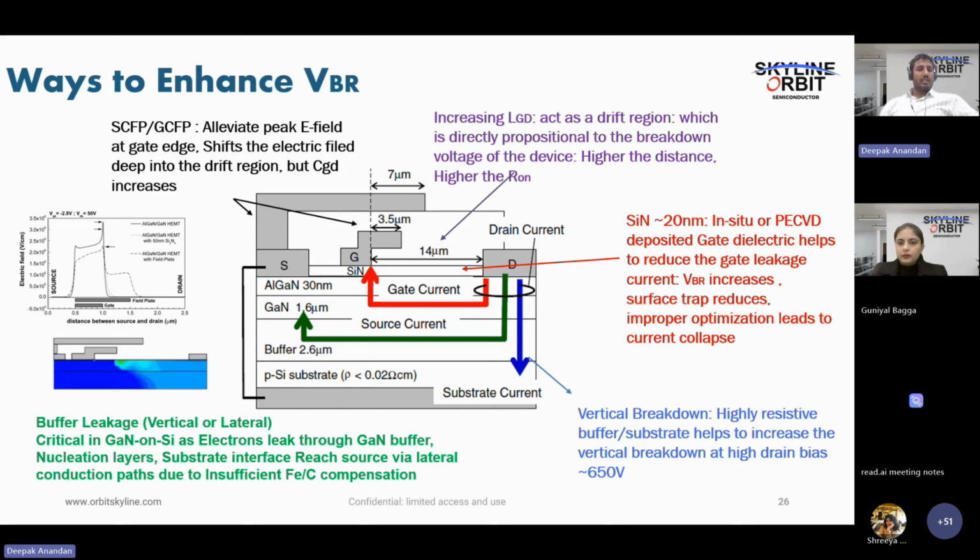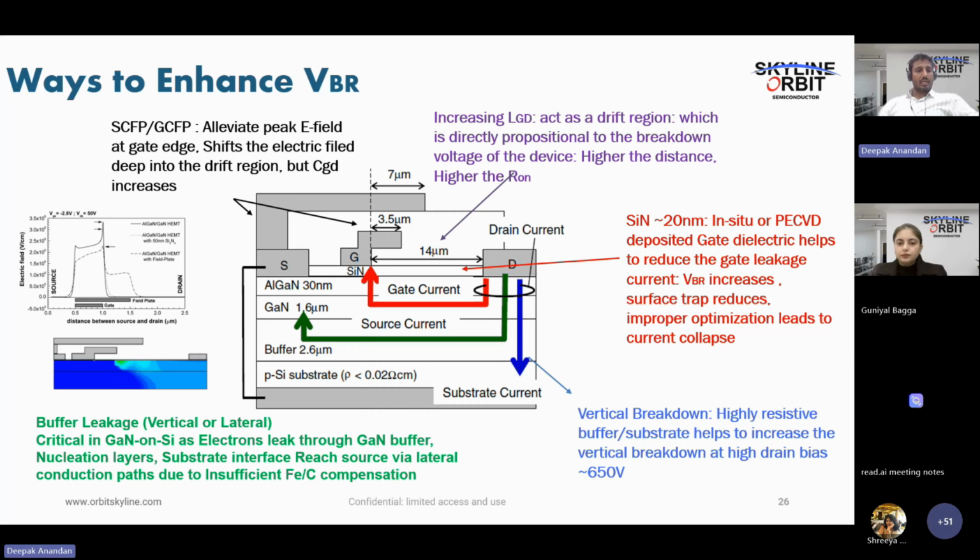If you look into the device aspect, how we can improve the breakdown voltage, because previously we studied about incorporating the back barrier and increasing the buffer thickness. It helps you to achieve more breakdown voltage, right? So in the device aspect also we have a few, something like a field plate, which can be a source connected field plate or gate connected field plate, which helps to reduce the peak electric field at the gate junction.